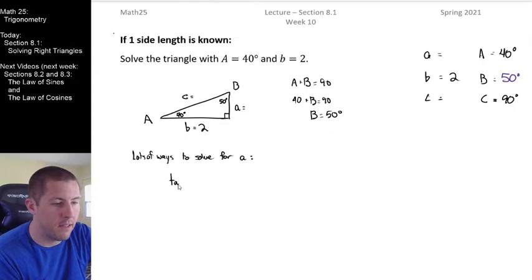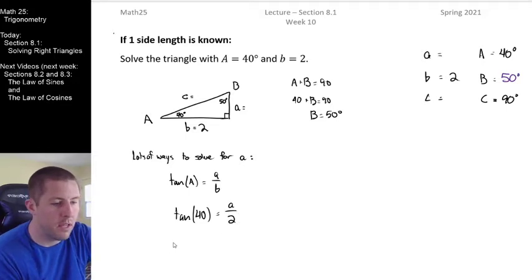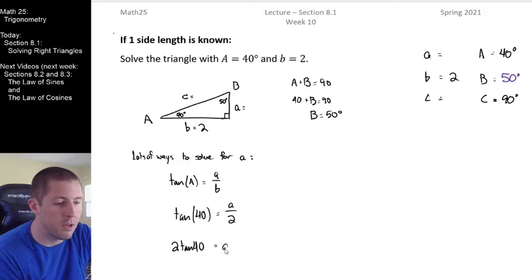That tangent of A is opposite over adjacent. And therefore, that means to me that tangent of 40 is going to be our unknown a over 2, and therefore 2 tan 40 should be a. That's one way I could have come at that.